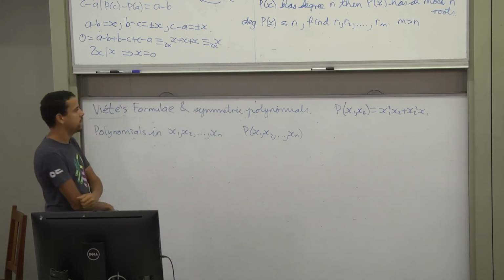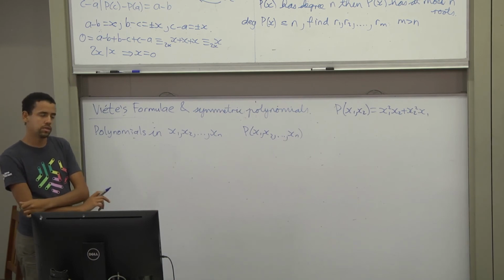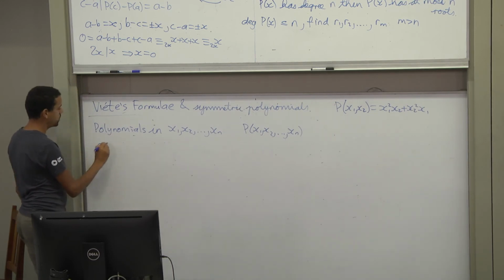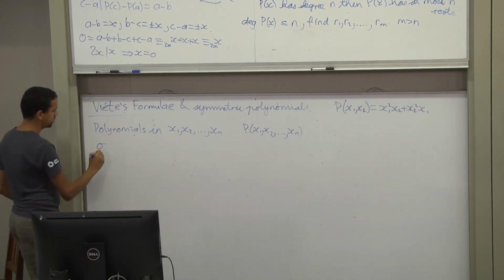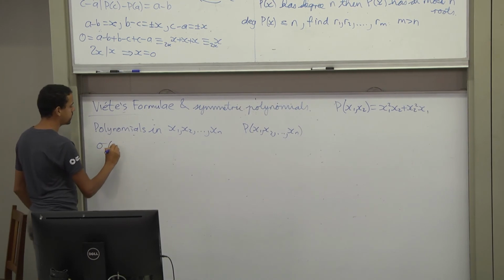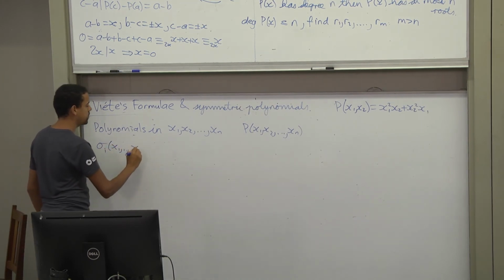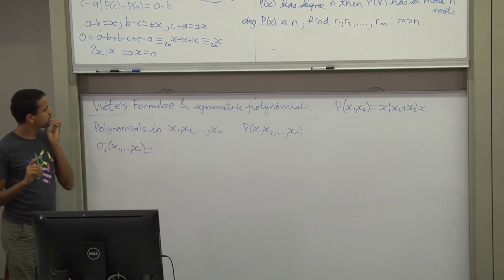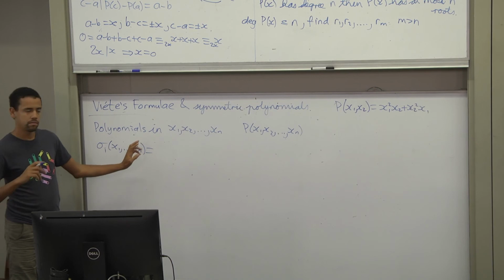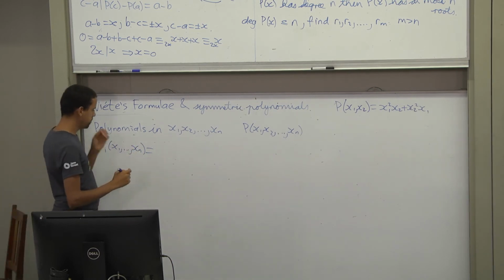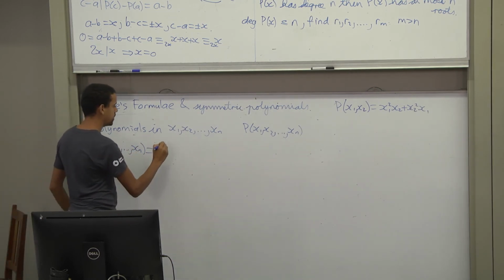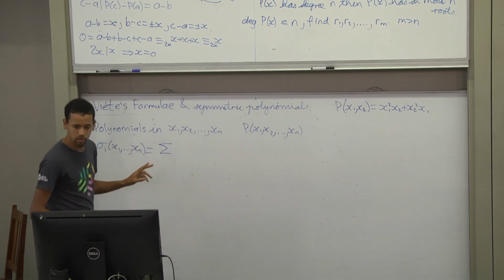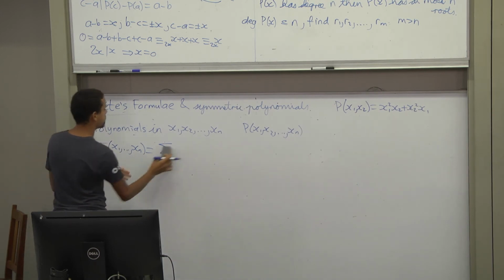And this is where the elementary symmetric polynomials come in. These are usually written with the small letter sigma i of x1 to xn. There are two definitions. I'll give both of them, but they are actually the same. The first one is, okay, this is going to be a horrible sum, so I'll do it in words.